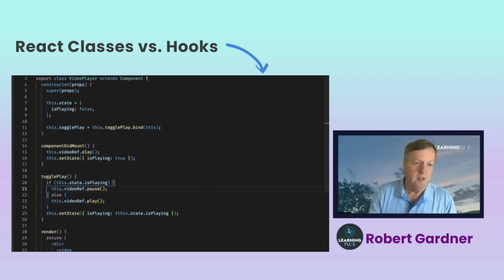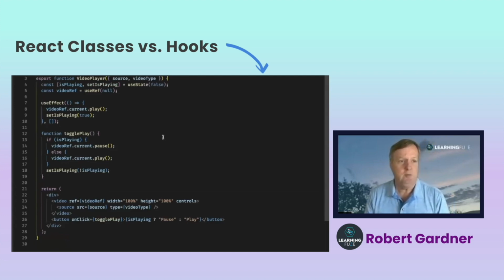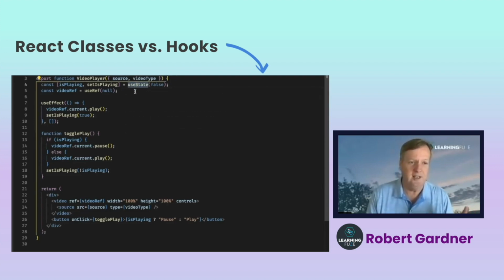Here's the example of that same class, the video player class, that I converted to using hooks. We see here that I'm exporting a function, again, the video player. It's just a function, and it takes these properties, the source and the video type. This useState is a hook, and it's what I use to manage the state.